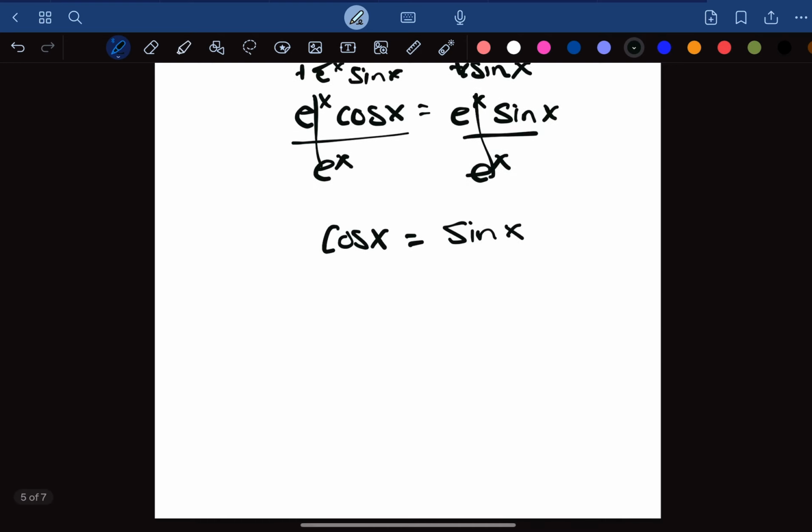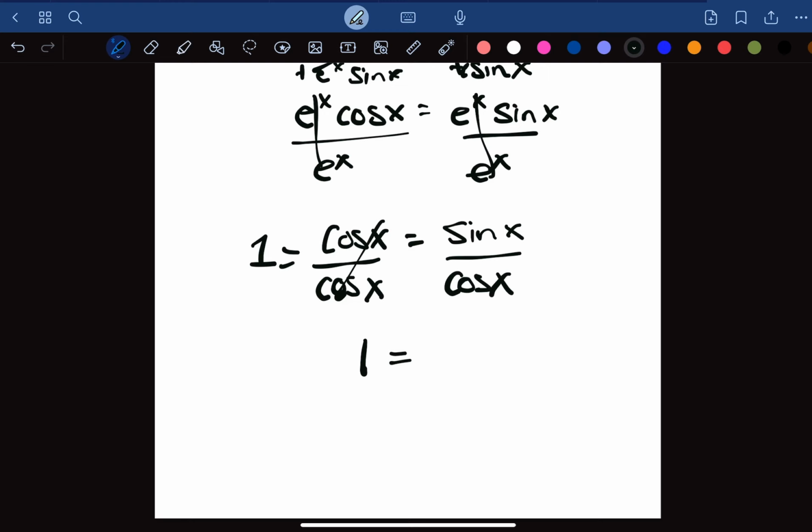Let's divide both sides by cosine x. So cosine x over cosine x is equal to 1. So I have 1 is equal to sine x over cosine x, but using my trig identities, sine x over cosine x is equal to tangent of x.